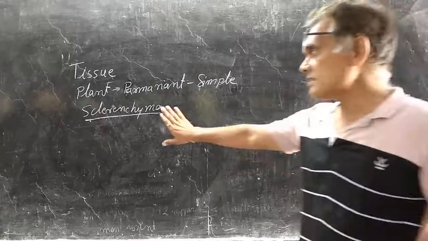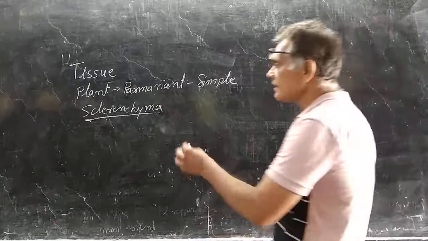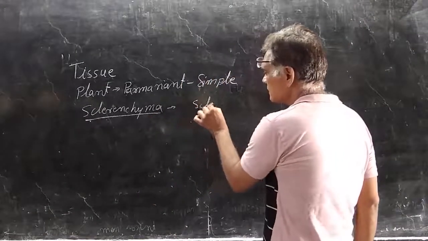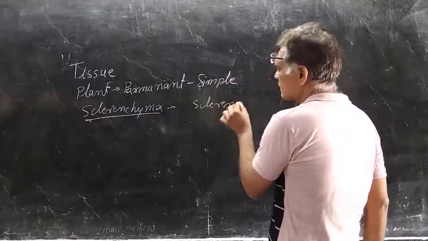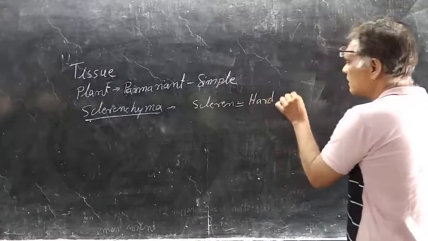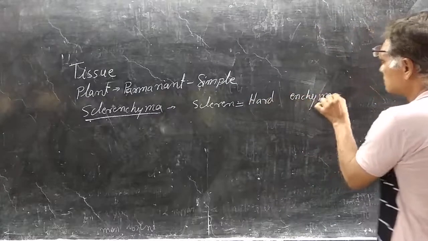Now today we discuss sclerenchyma. The word sclerenchyma is derived from two words: scleren, which means hard, and chyma, which means tissue.